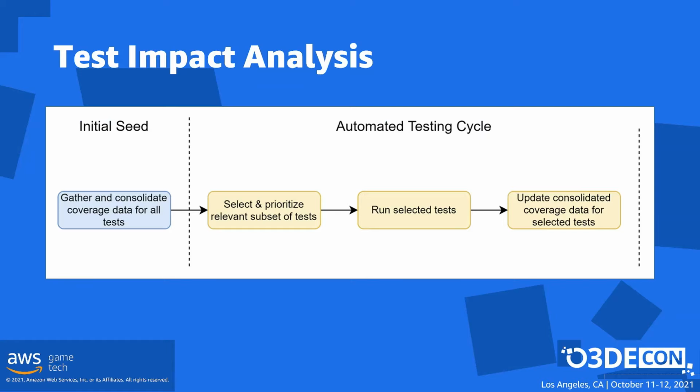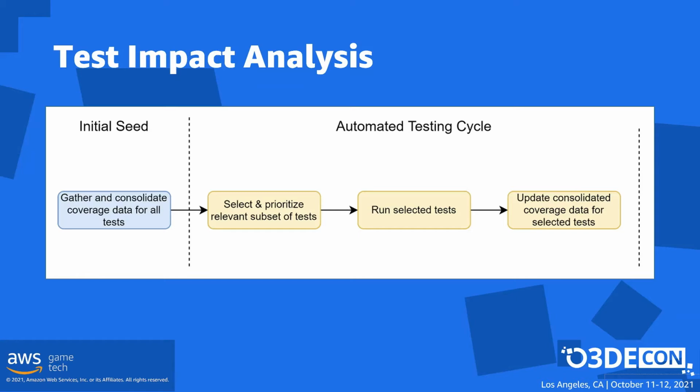Here is a simplified cycle of test impact analysis as it runs in automated testing. Before we start, we run an initial seed of all test targets to generate their coverage data. Once this seed is in place, each run of automated testing triggers the following cycle.